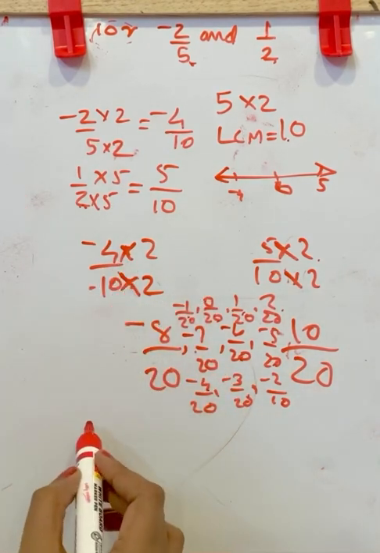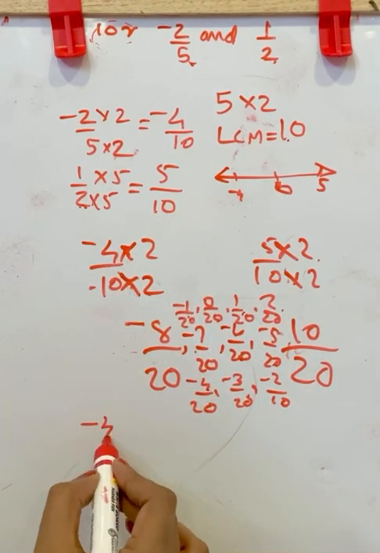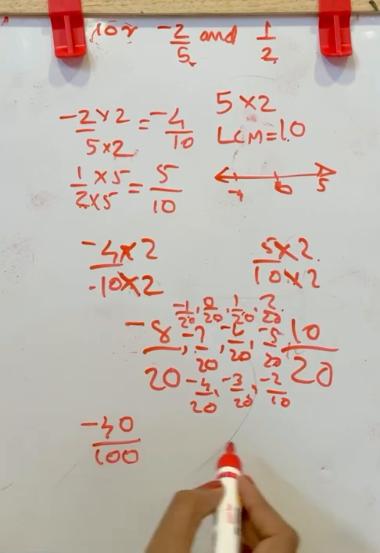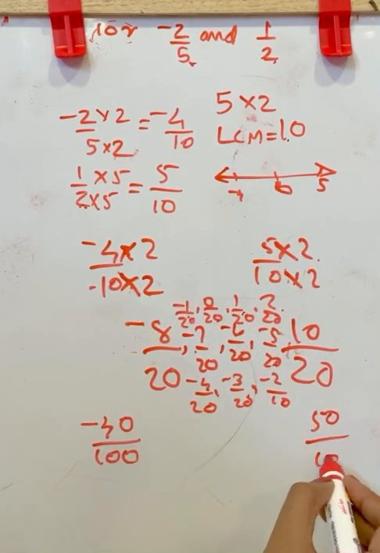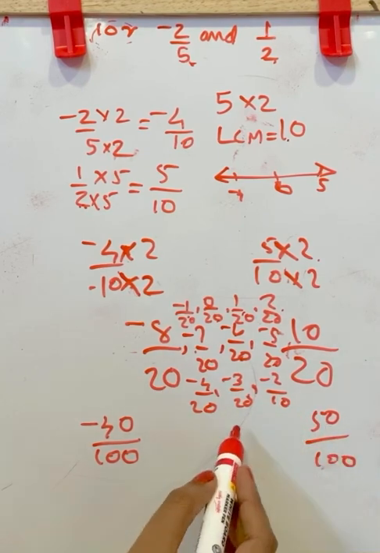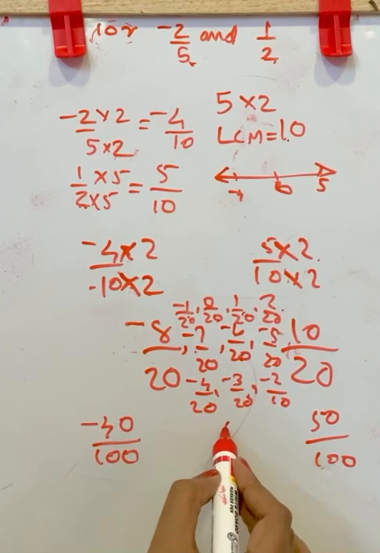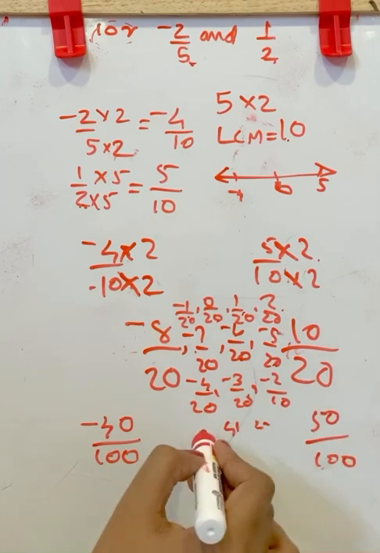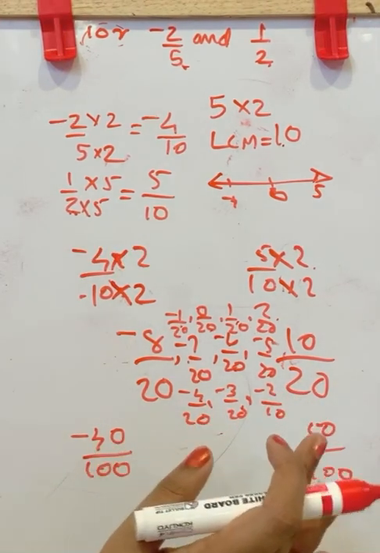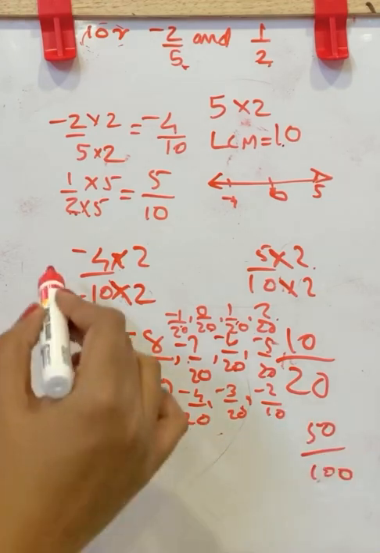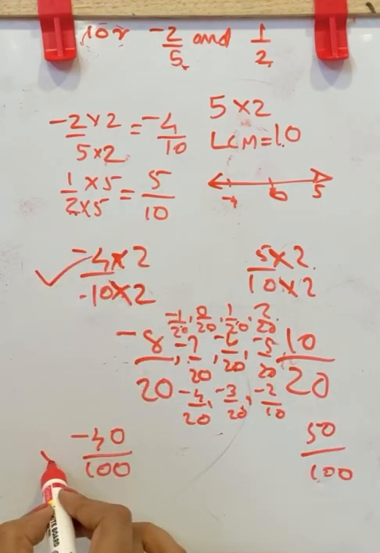Or if you were multiplying with 10, it will be negative 40 by 100, and 5 into 10 is 50 by 100. Now in between you will get 41, 42, 43 by 100 like that, or 31, 32, 33 by 100 like that, or any fraction you can take. It is your choice. Either you can make like this, or like this.